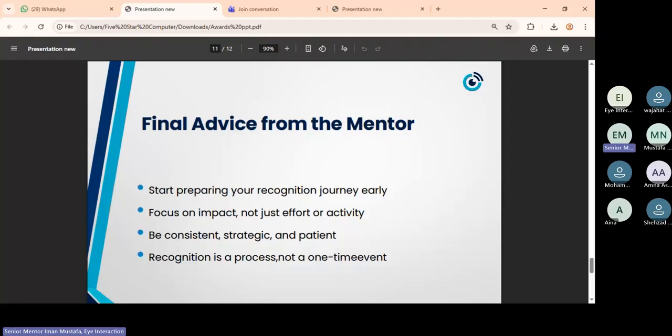And be consistent and patient. Being consistent means you have to apply for multiple awards, not just one or two, and make yourself patient, right? Recognition is a process, not a one-time event.